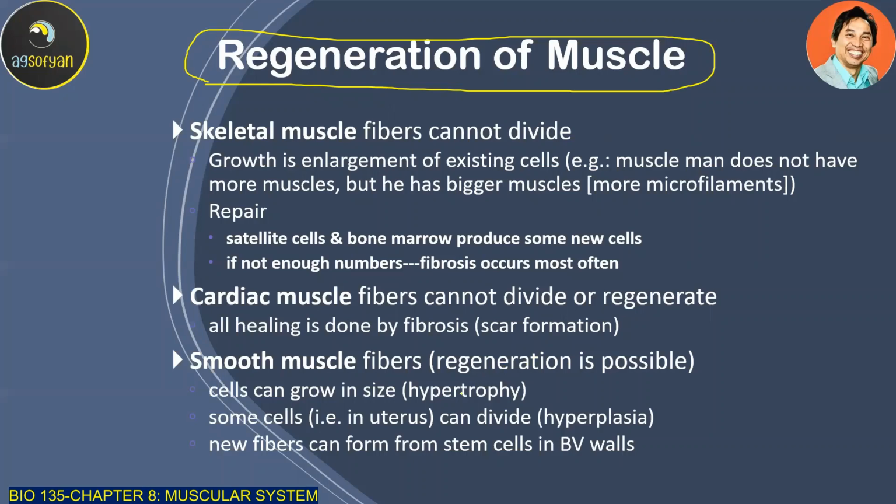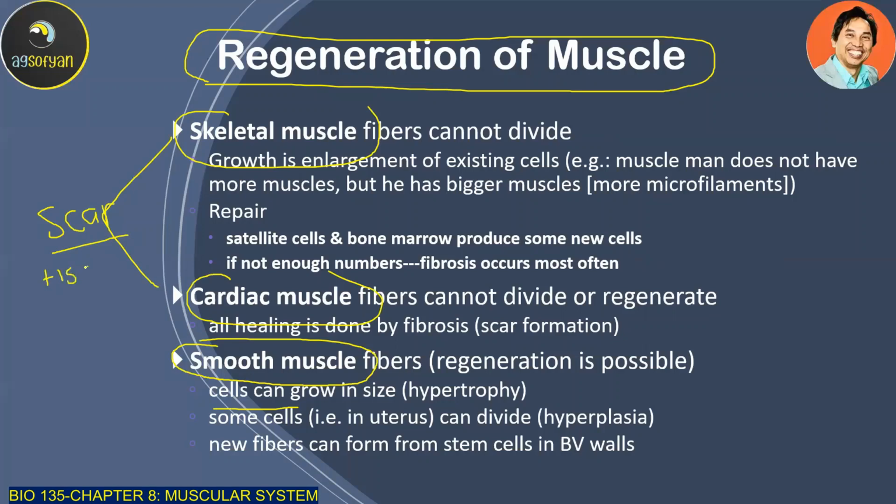However, among muscles, only smooth muscle can be replaced. Okay? If a blood vessel, for example, is cut, the smooth muscle can be regenerated. It can grow again. The cardiac muscle and the skeletal muscle cannot be regenerated. It becomes scar. Whenever it is broken, it becomes scar tissue.